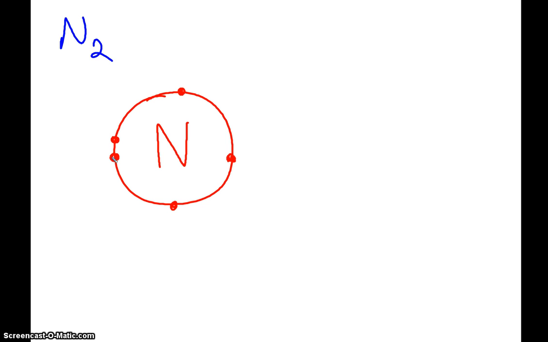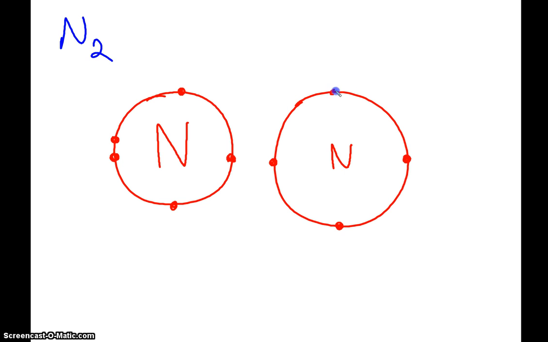As you can count, there's going to be 3 unpaired electrons, so it would like to gain 3. Let's take a second nitrogen, and again, I'm just going to show the valence electrons. 1, 2, 3, 4, 5 valence electrons, and again, it would like to get 3 additional, but it doesn't want to give up any that it has.